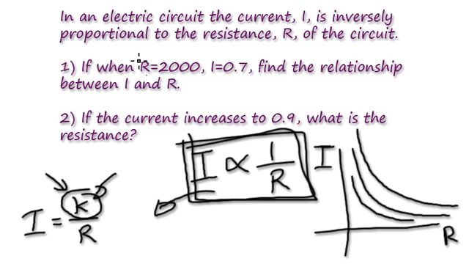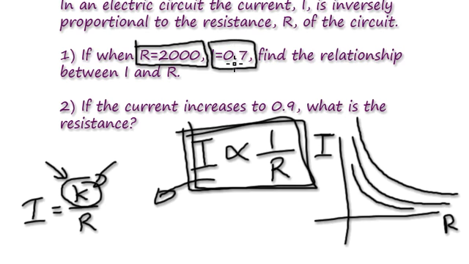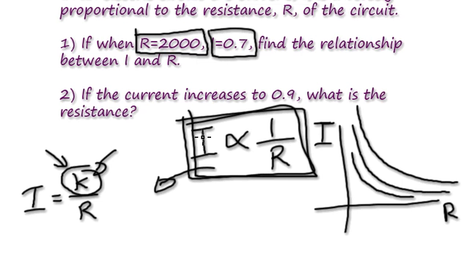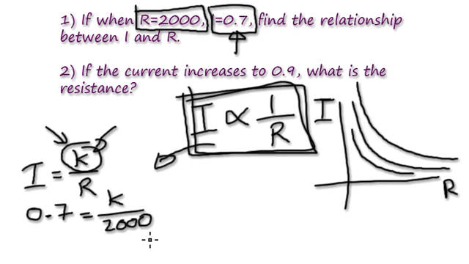Now if you look at question 1, when R is 2000, I is 0.7. So we can use that to find out our k. Put the 0.7 into the I in I equals k over R, and put 2000 into the R. Now we can find the value of k.